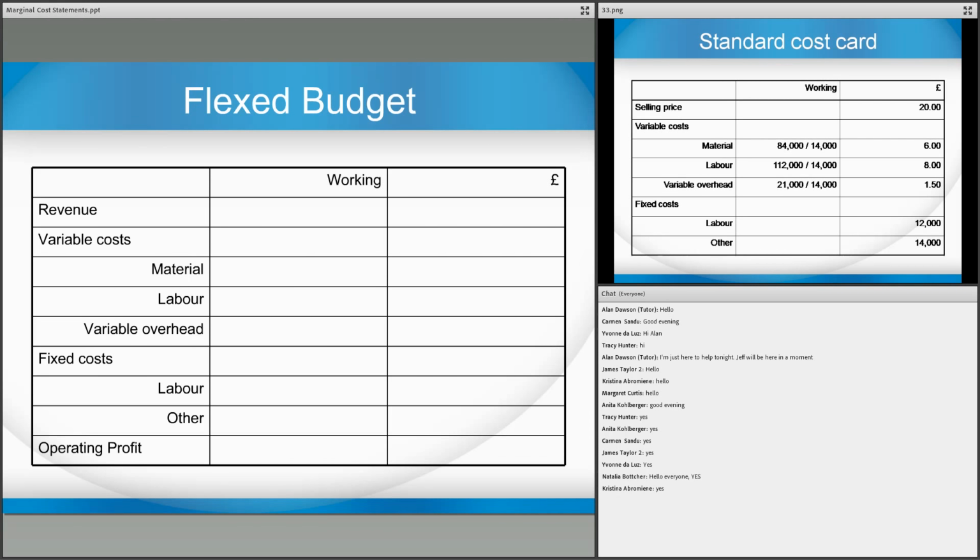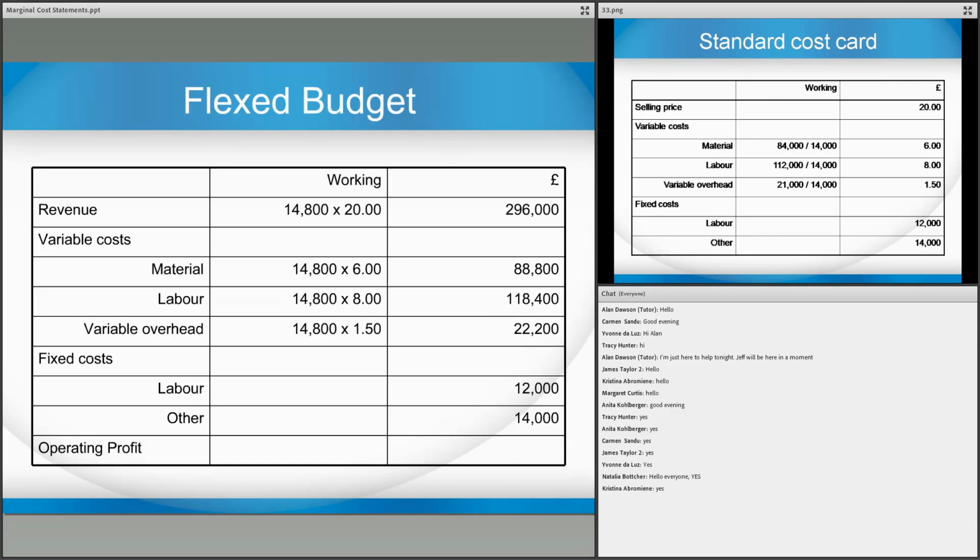For 14,800 units, at our normal selling price of £20, we would expect a revenue of £296,000. Material, we would expect to spend 88,800. Labour, we'd expect to spend 118,400, and so on down. The fixed costs do not change. Irrespective of output, they're supposed to be fixed.